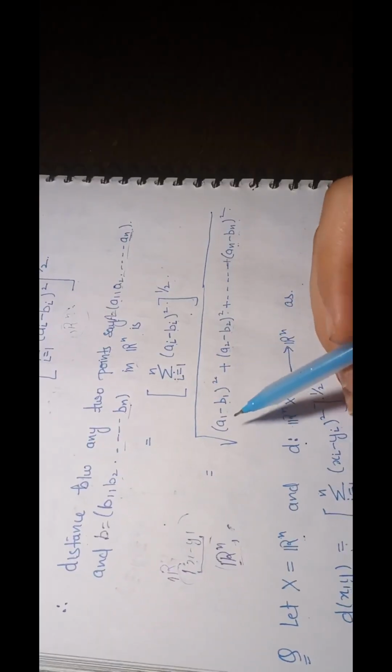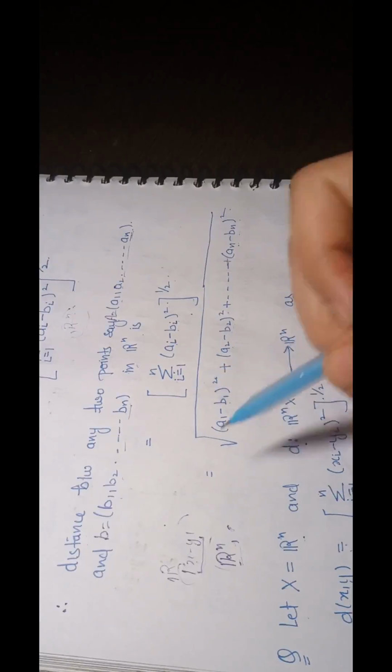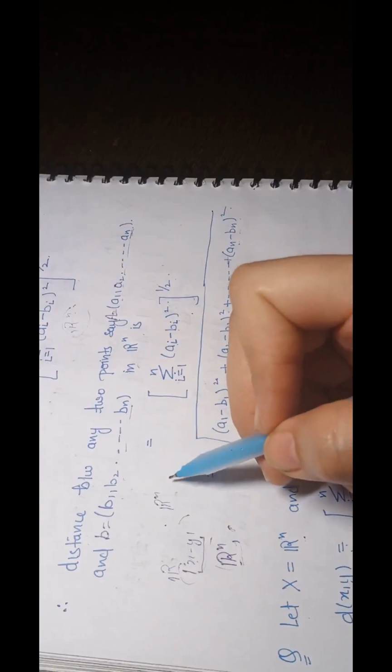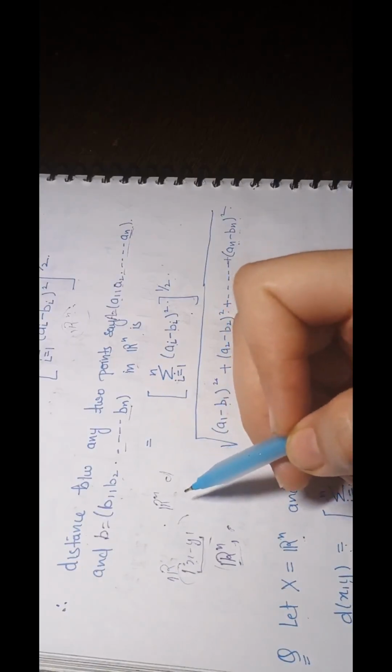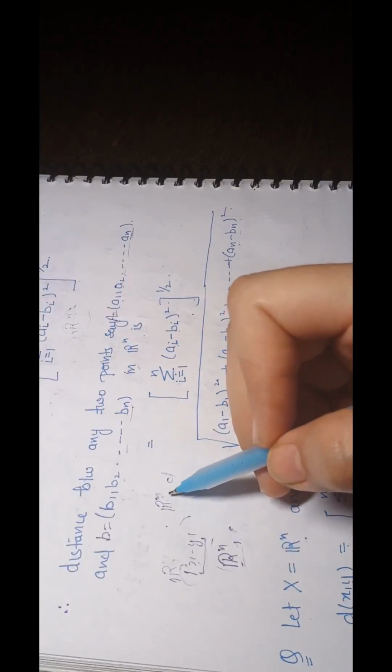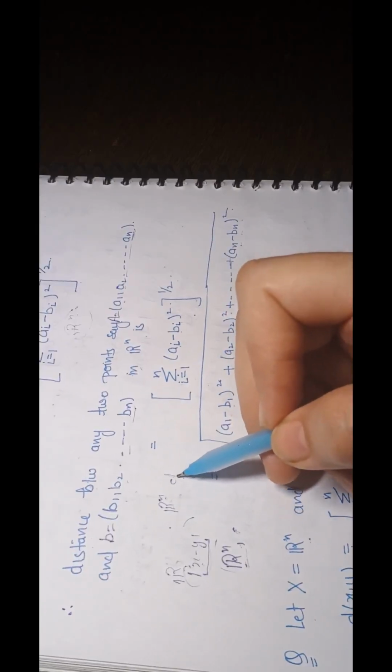Till this point I have discussed what the set Rn looks like and how we find the distance between any two points in Rn. If we have any two points in Rn, how do we find the distance between them?